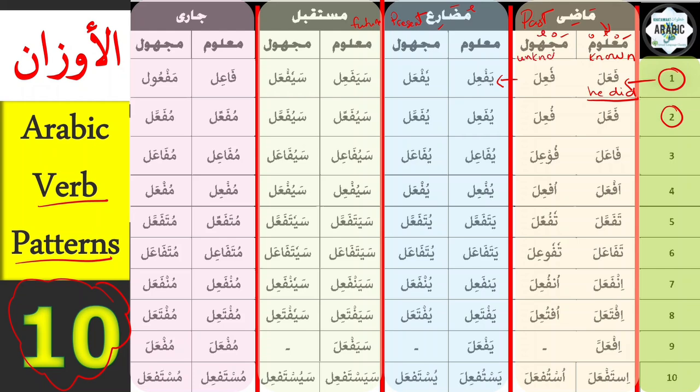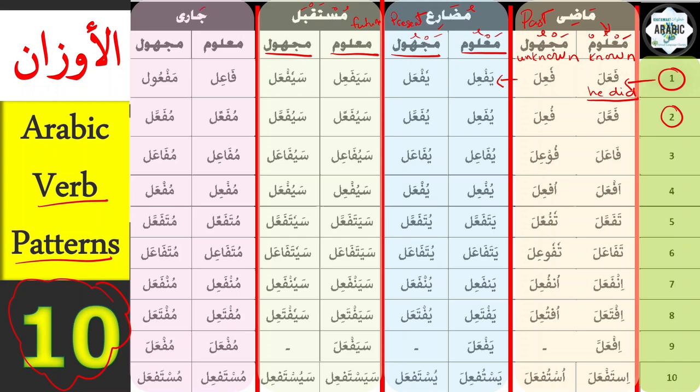You don't know who did the action, so you don't know the subject or the doer. Same thing for mudari'. You have ma'loom and majhool. Ma'loom, known, and then majhool, unknown. Mustaqbal, future. Mustaqbal, you also have ma'loom and majhool.